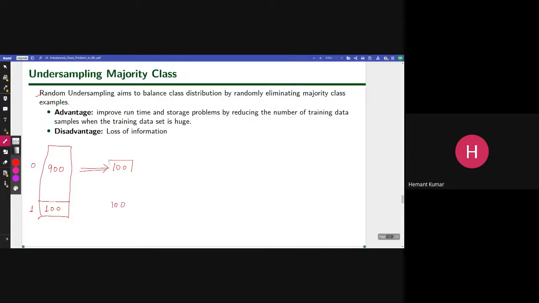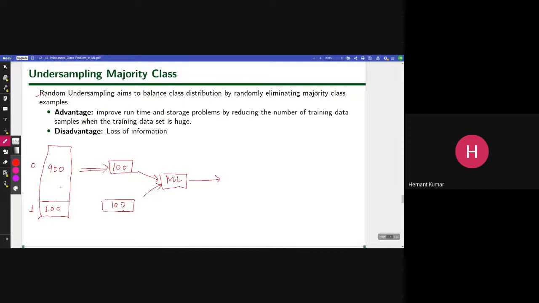Then these two samples are passed into an ML model. Undersampling says we randomly pick 100 samples, so we balance it 50-50%.